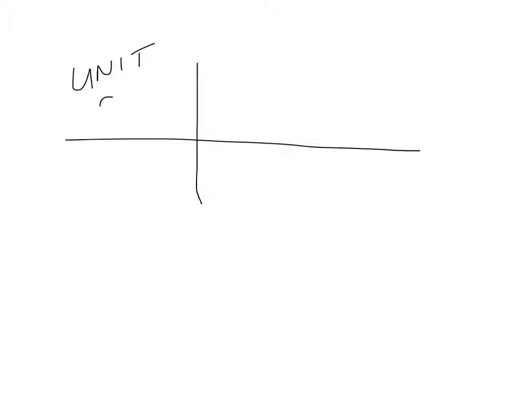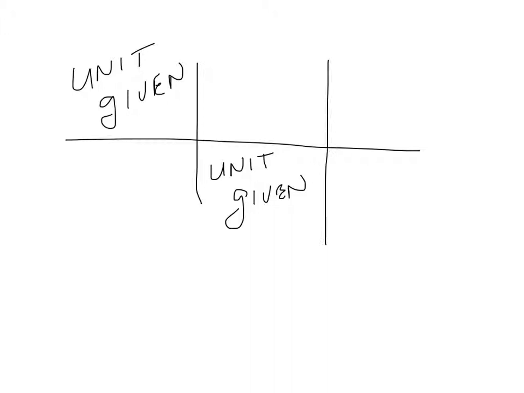So we'll take a quick review. Put on top of my number line the unit that was given. And I immediately put my unit that was given over here, on the second box. So the top of my second box is the unit I'm going to.